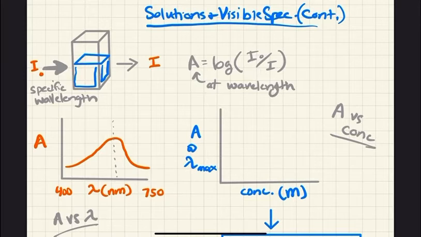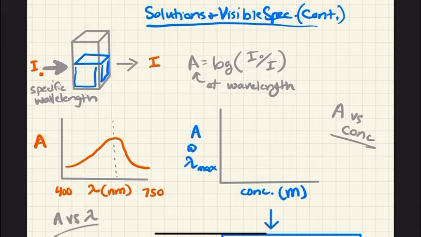We put it into a spectrometer, and the spectrometer shines light of a specific wavelength on the sample. And because the sample is somewhat transparent, hopefully transparent enough that light will come out the other side, otherwise this won't really work, some amount of that light with that specific wavelength will pass through. But not all of it will, because some of it will be absorbed by the particles in the solution.